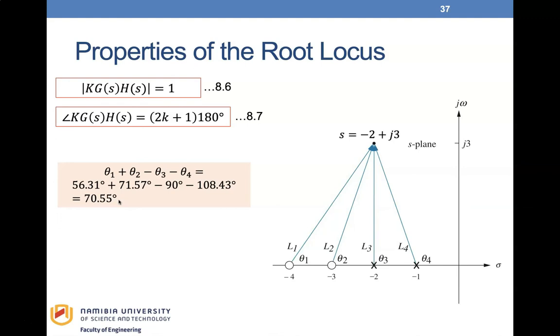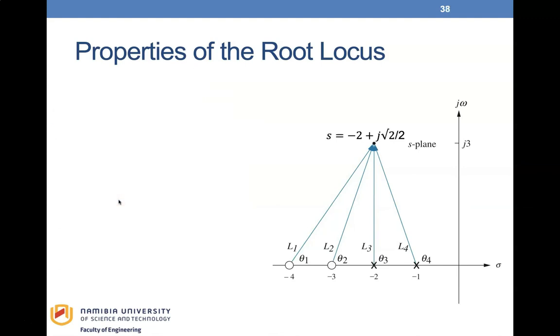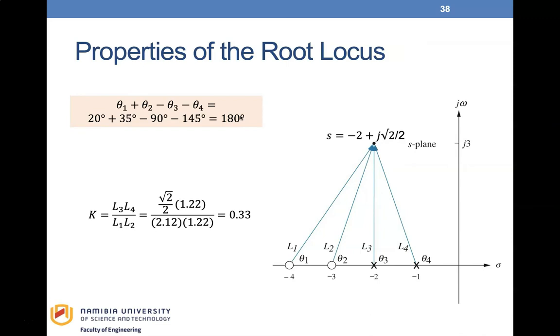If we repeat the same calculations for a point s equals -2 plus j square root of 2 over 2, the angles will add up to 180 degrees, which means this point is on the root locus for some value of gain K. We can then calculate that value of gain using equation 8.11, which will yield K equals L subscript 3 L subscript 4 over L subscript 1 L subscript 2.